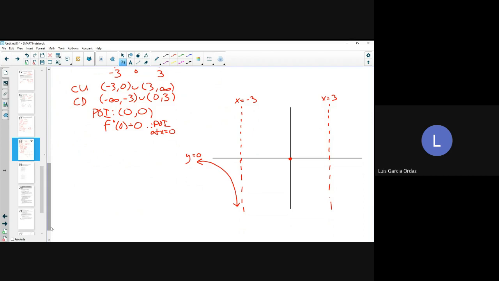I know that from negative 3 to 0, it's concaving up. And from 0 to 3, it is concaving down. So again, based off the information I already had from before, I would have been able to sketch this graph easily. But because we're learning about concavity, I gotta sketch it like this. I could have literally sketched that based off the information I was given from finding the first derivative.